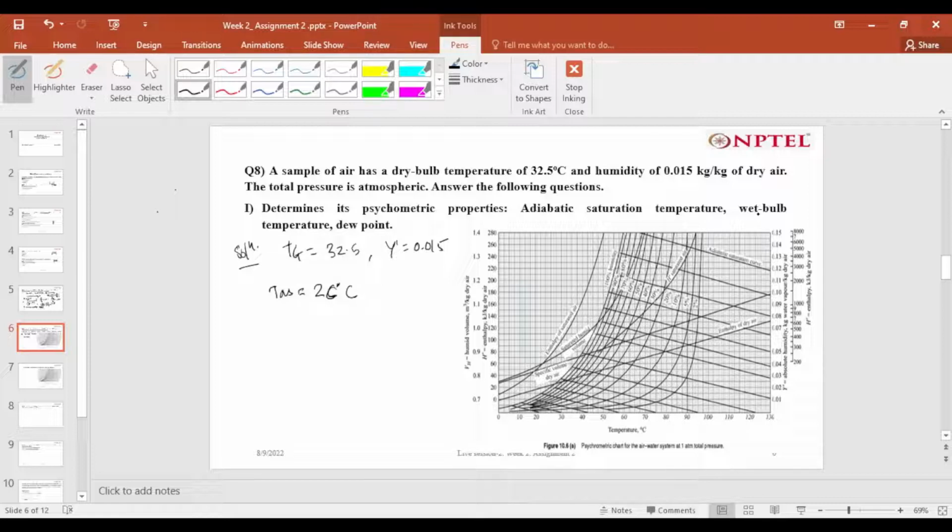This means condensation of water occurs as the air goes from 32.5 degrees Celsius to reach 15 degrees Celsius.